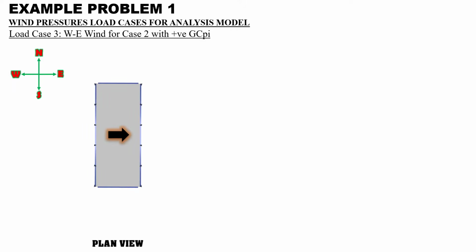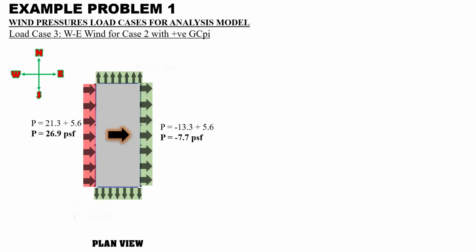Now for load case 3, wind is blowing from the same direction but with case 2 and with the positive GCPI. Here are the windward pressures, here is the leeward pressure, here are the side wall pressures. There is no difference in the wall pressures for load case 1 and 3.